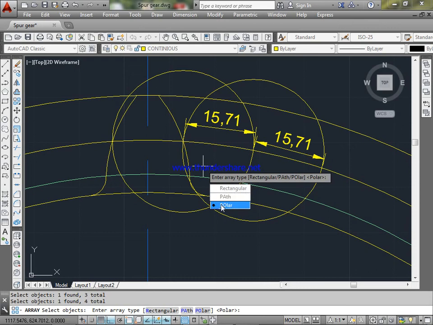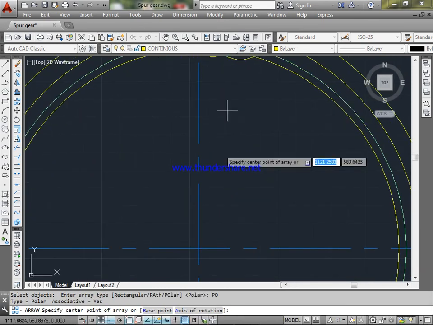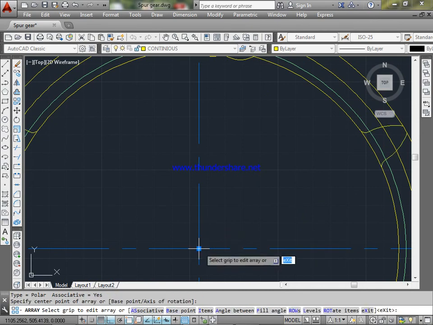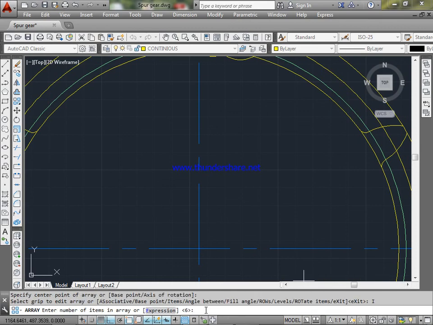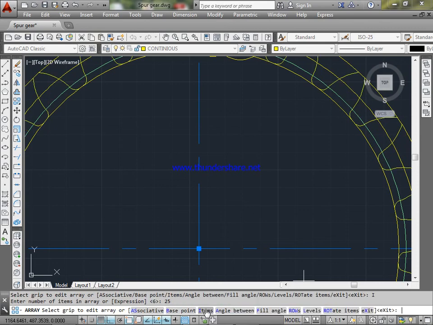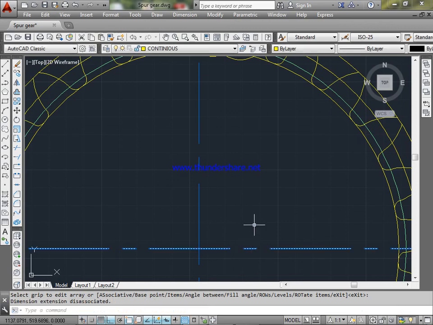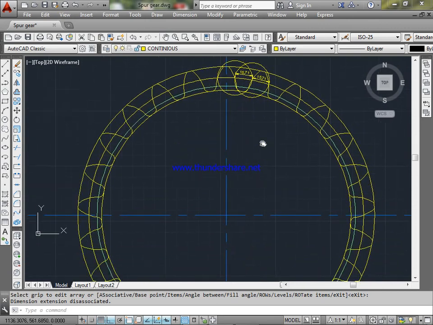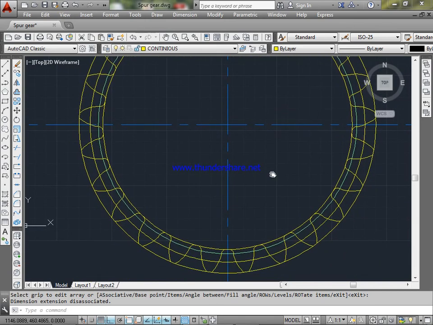Type of array, polar, center point, items, that is the number of teeth, here 25. Okay, mostly completed.